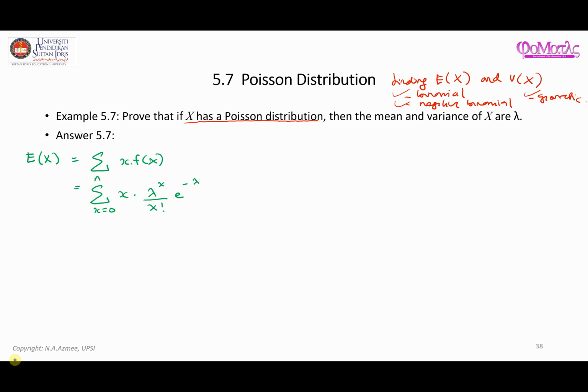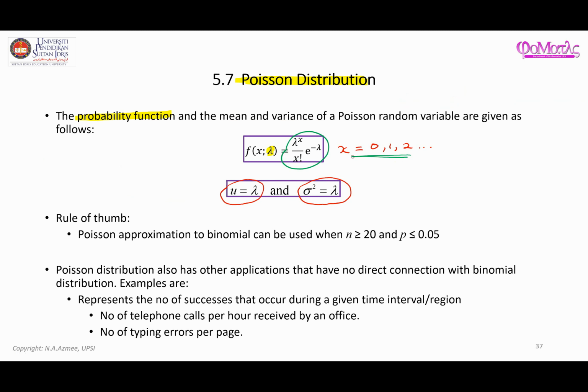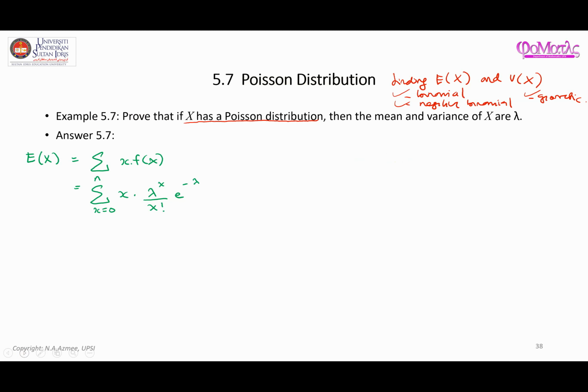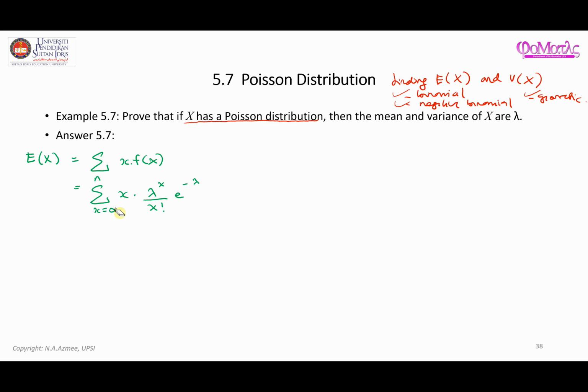However, if you substitute 0 into x, the whole thing becomes 0. So we can actually start the process from x equals 1.